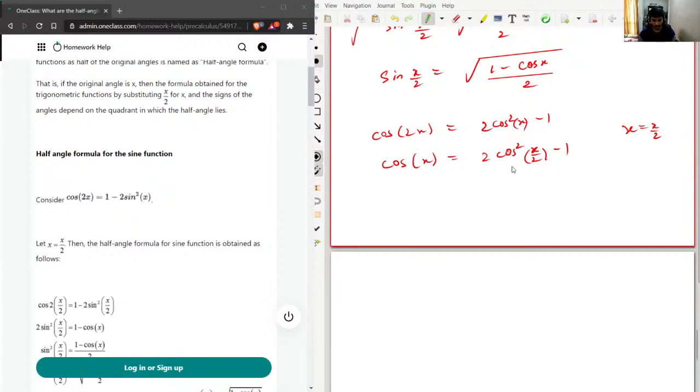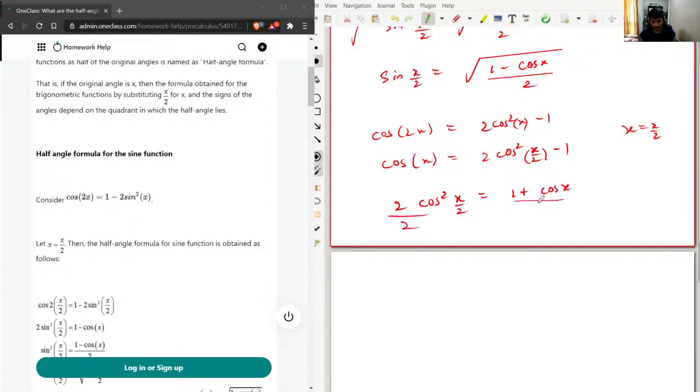And then I'll take 1 on this side, and I'll just flip this term, so I'll write it like this: cosine square x over 2 equals 1 plus cosine x.